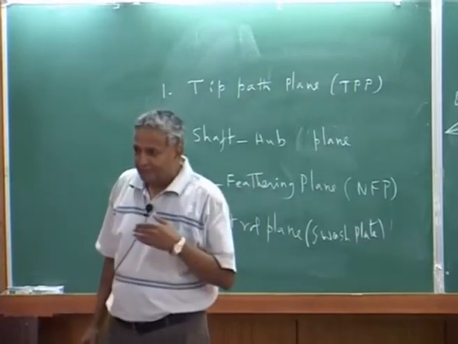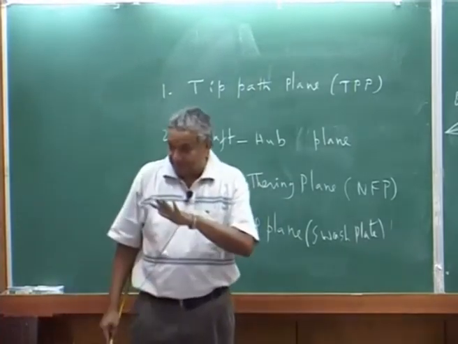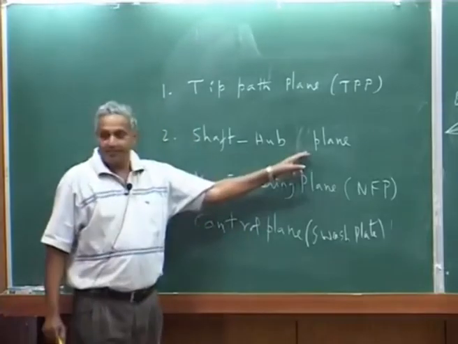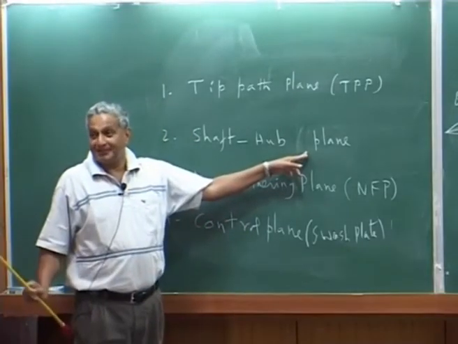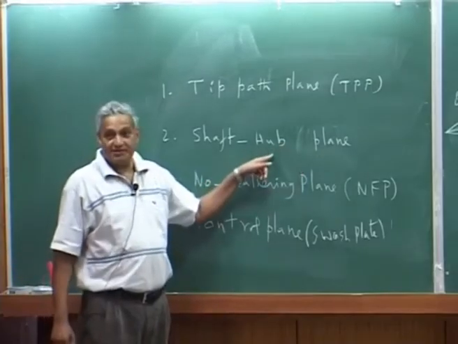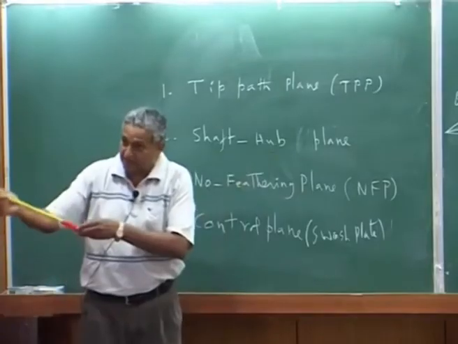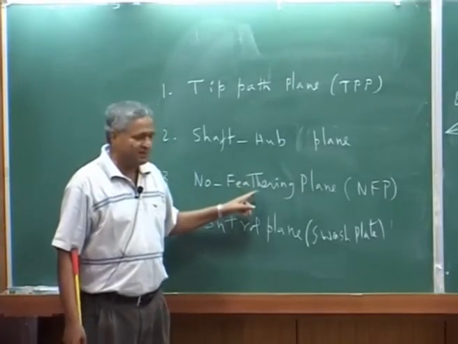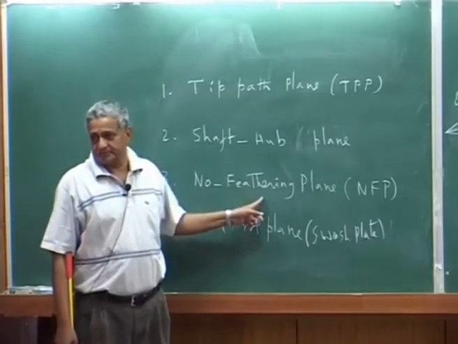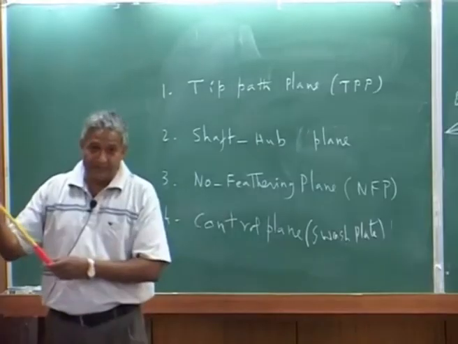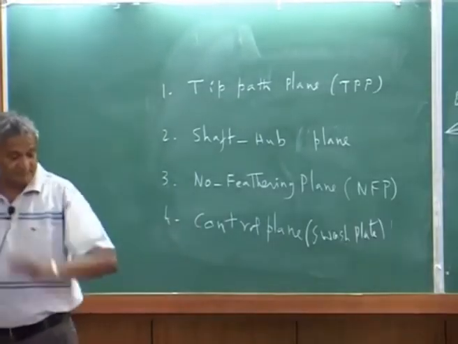So what we choose in this class is the hub plane. But the complexity in the hub plane is it will have both flapping as well as feathering. Feathering is basically pitch angle change. Your blade will have both flapping as well as feathering.